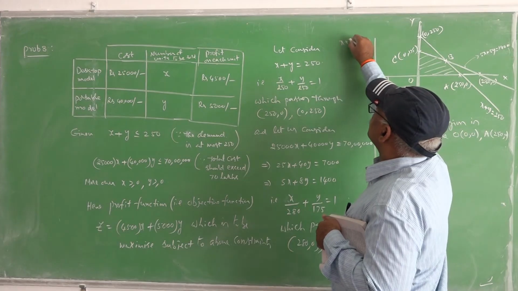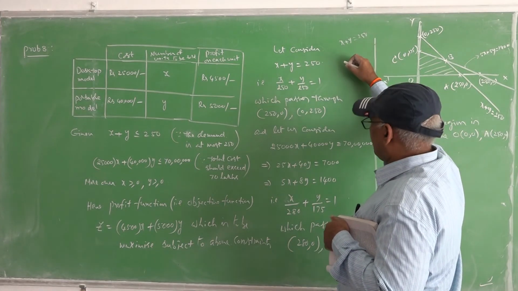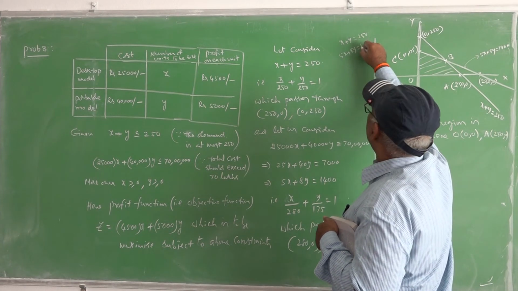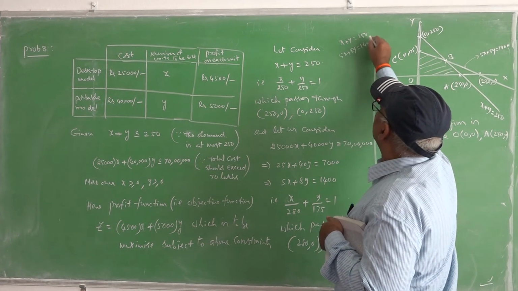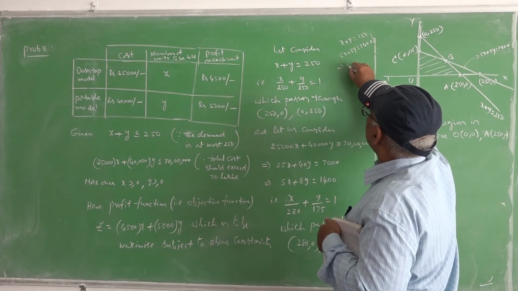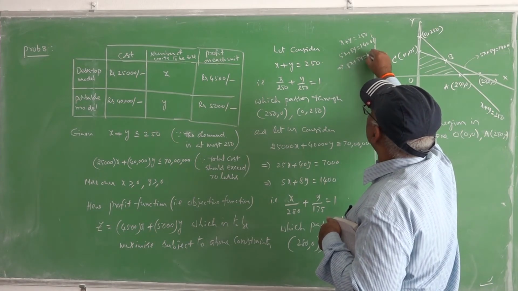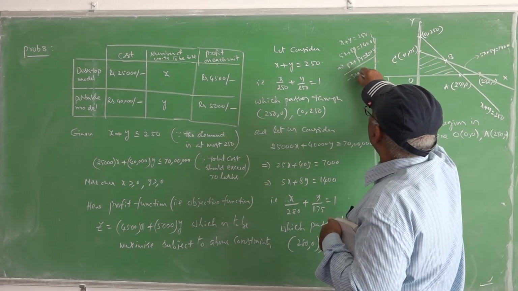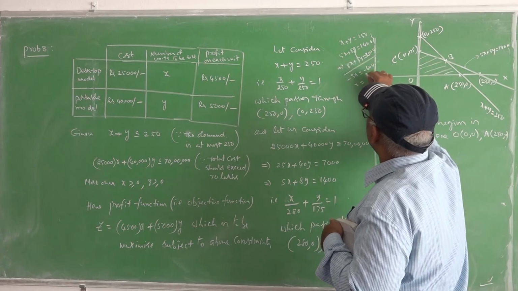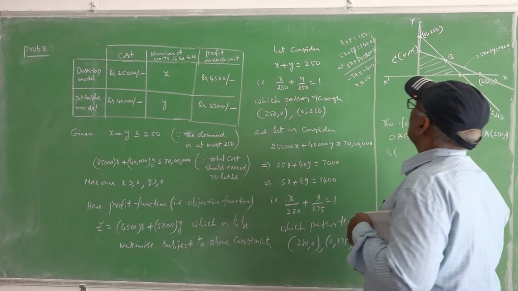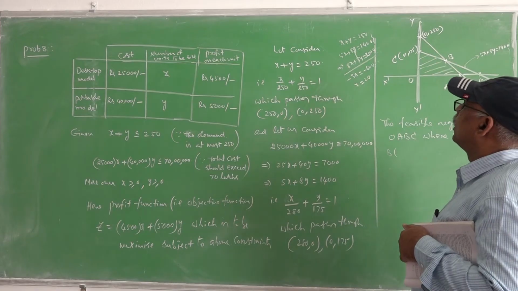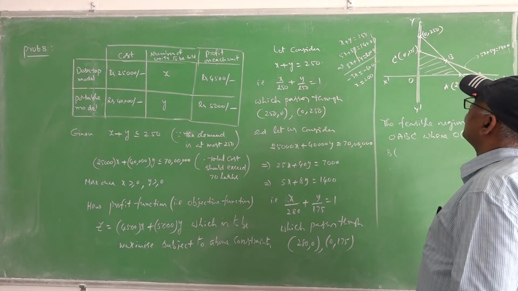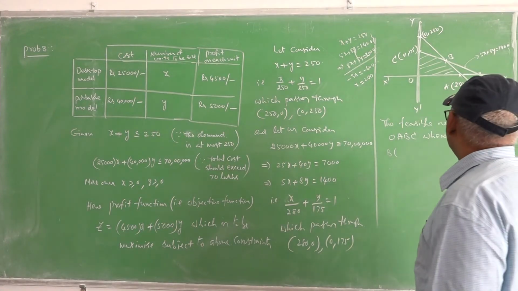Let us take x plus y equal to 250, and the other one is 5x plus 8y equal to 1400. To solve, multiply the first one by 8: 8x plus 8y equal to 2000. Subtracting, minus 3x equals minus 600, so x takes the value 200.